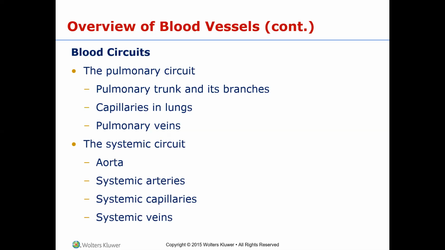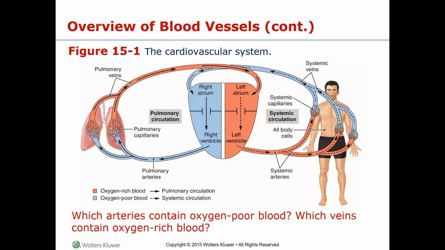Then you're going to have some exchange of the oxygen and the nutrients into the tissues via the systemic capillaries, and then the return of the blood that is deoxygenated through the systemic veins. And again, the systemic veins are returning the blood to the right atrium, which has no oxygen. It's deoxygenated blood, so it has to go out through the right ventricle, through the pulmonary arteries, back to the lungs to pick up some of that oxygen.